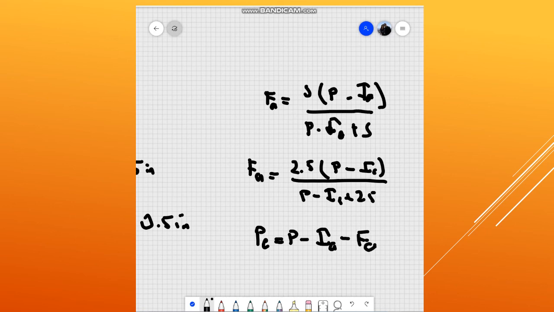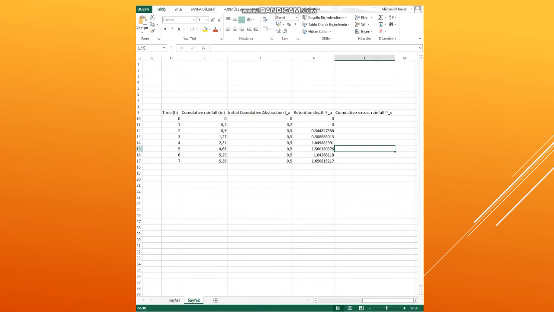Okay, then let's go back to our Excel form. Then we are gonna say cumulative rainfall minus initial obstruction minus retention depth. So it's 0, we know that this is 0, 0. Then we will have 0.55, then 0.18, and then 0.76, and goes on.